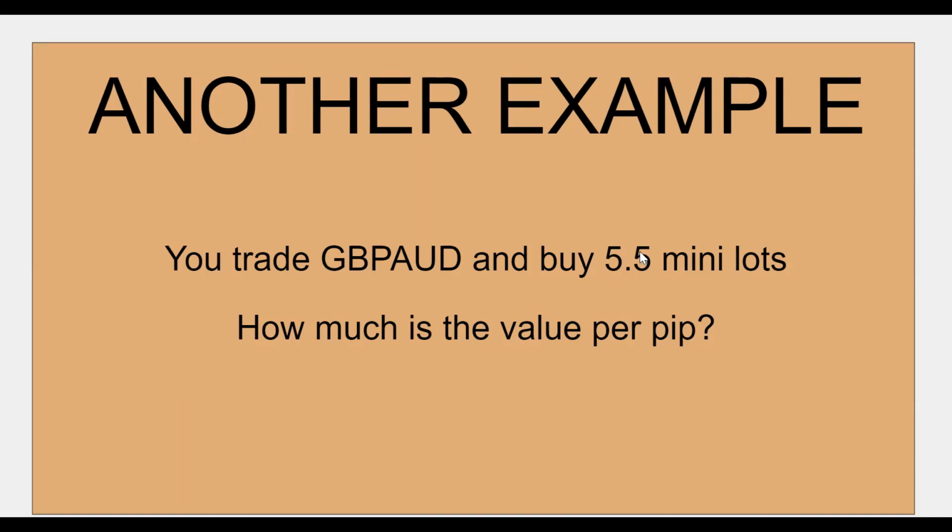And we also established that micro lot size, each pip represents 0.1. So 0.1 times 5 is 0.5. So we have 5.5 as the value per pip. So if you're trading GBP odd and you buy 5.5 mini lot size, each singular pip movement represents 5.5 odd.